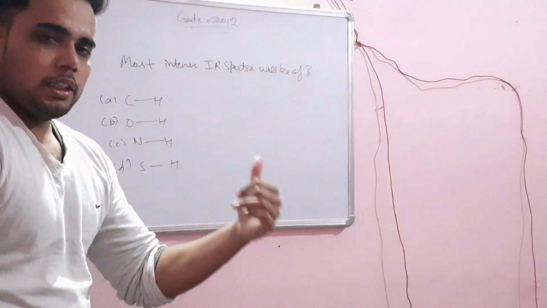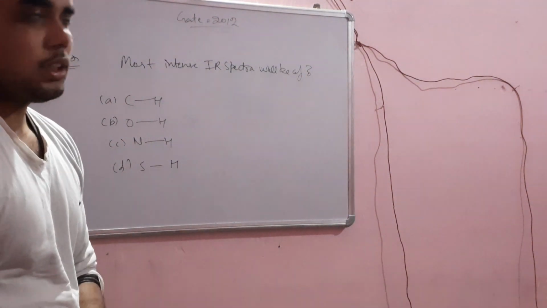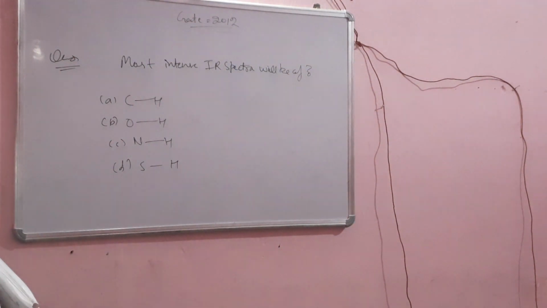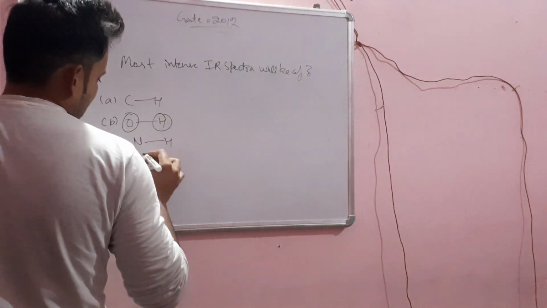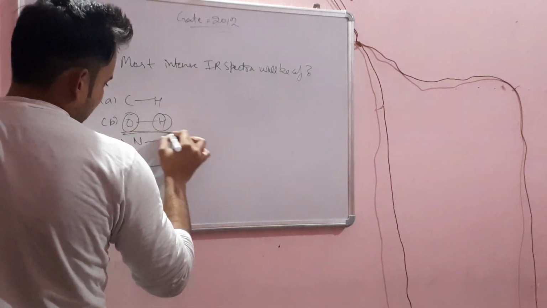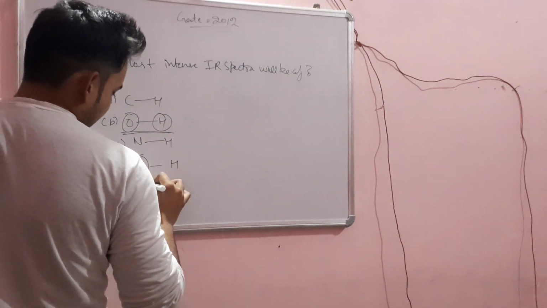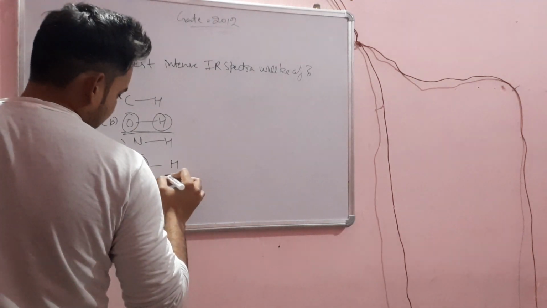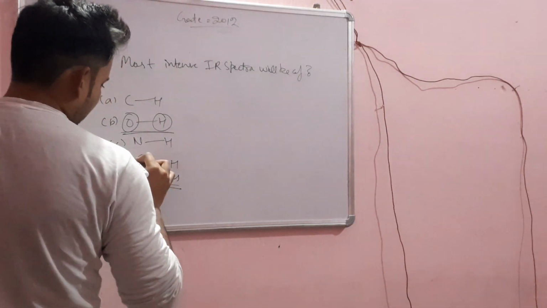Whether the dipole moment is high or low will decide which compound has the most intense IR spectra. Oxygen is the most electronegative among all these three. This has higher mass, so this is not included.